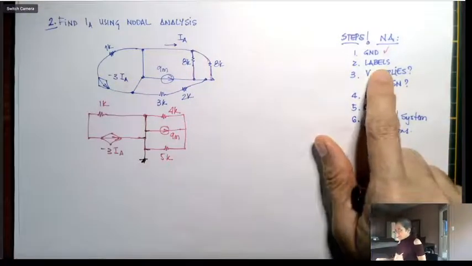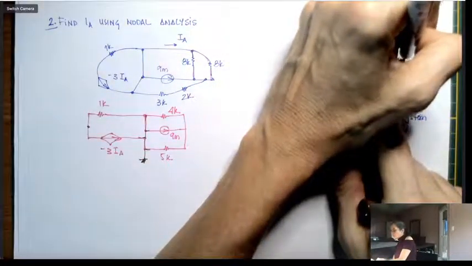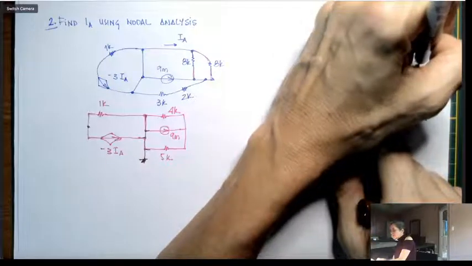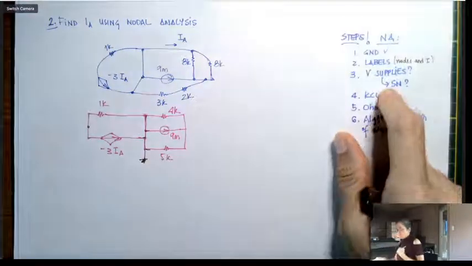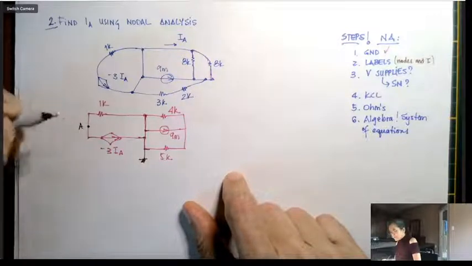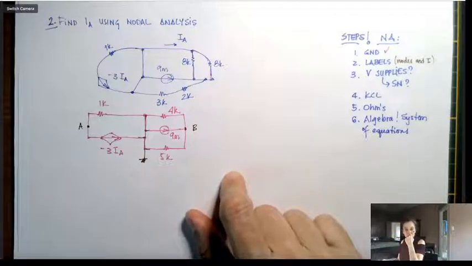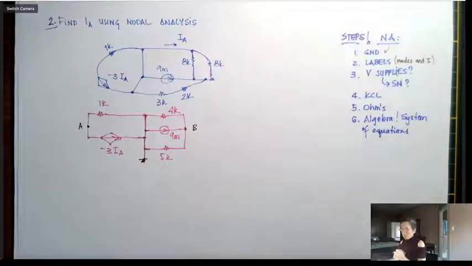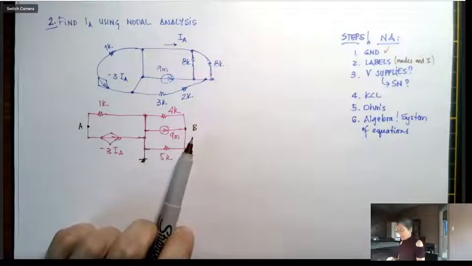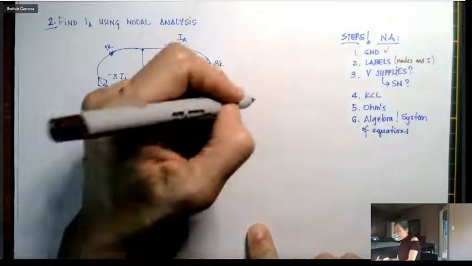Now I'm going to label nodes and currents, because none of these are labeled. I'll label this A, and this node B. This circuit has 3 nodes. Here it had many more nodes, but now it has 3 nodes.